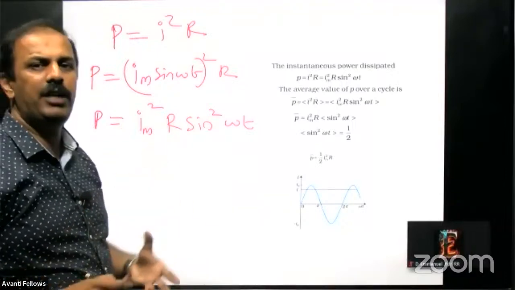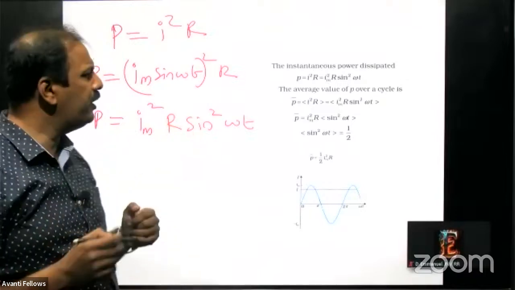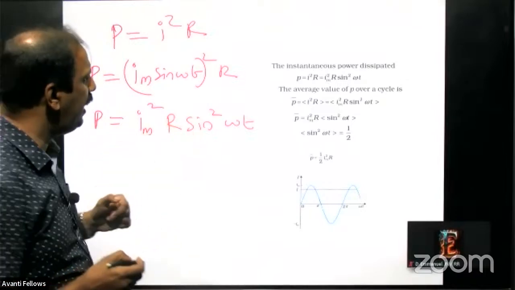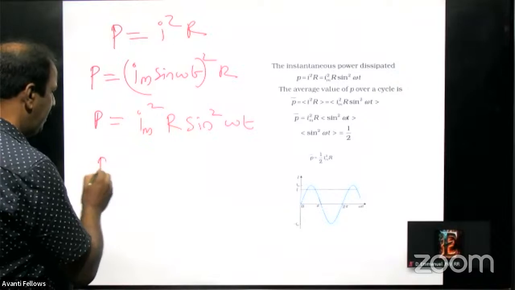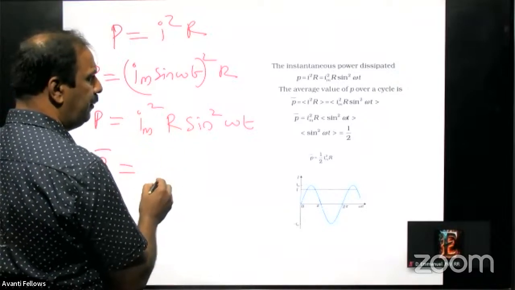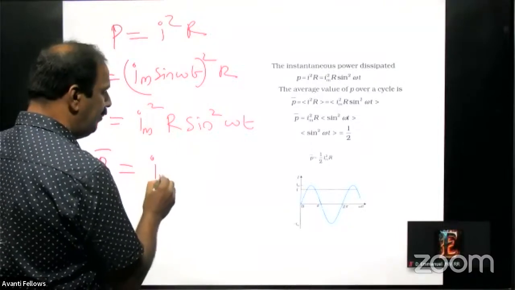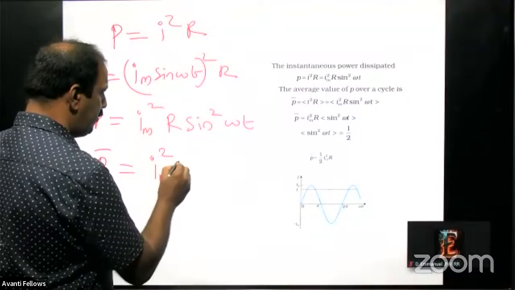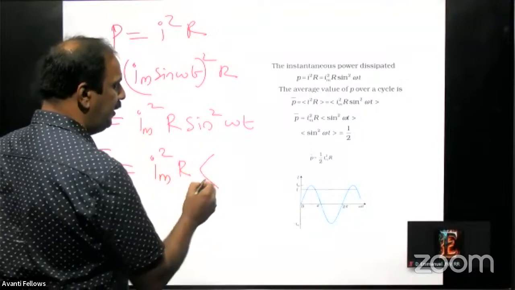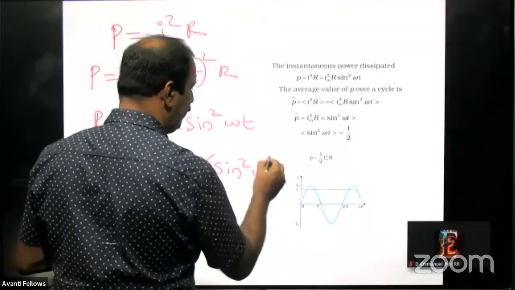But we need the average power, because instantaneous power means for a very short time. We need the average power. So when you take the average power, you'll take the average of this one. We have Im, which is a constant value, so Im square and R. And what we have to average is sin square omega t.